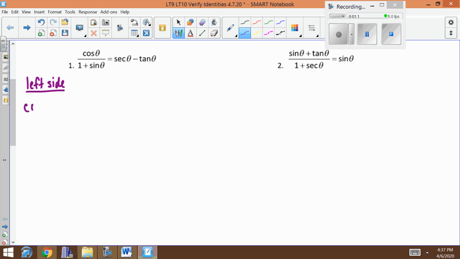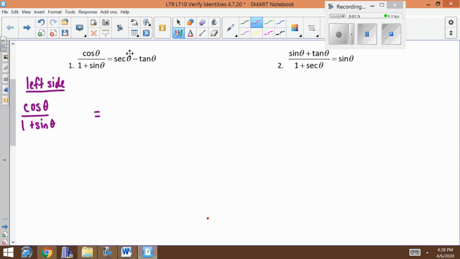So if I look at the left-hand side, I've got the cosine of theta over 1 plus the sine of theta. So that's on our left-hand side. Again, that's equal to whatever's on the right-hand side. So when I look at this, I can see I have two different trig functions that aren't related to the ones on the left-hand side here.